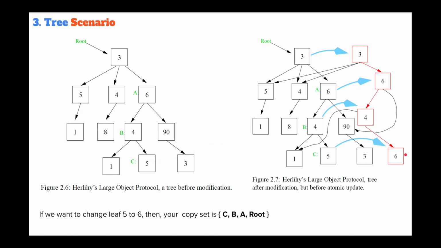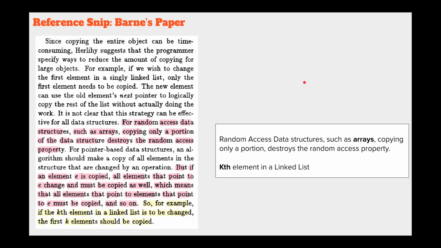We modify the 5, and then use store conditional to swap out the path from the original shared data structure. So as you can see, 3, 6, 4, 5, 4 and 5 are there in the copy set, and you modify 5 to 6, and then finally after the operation is done, you copy it back to the shared data structure.